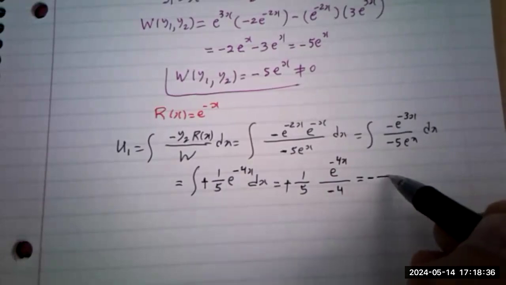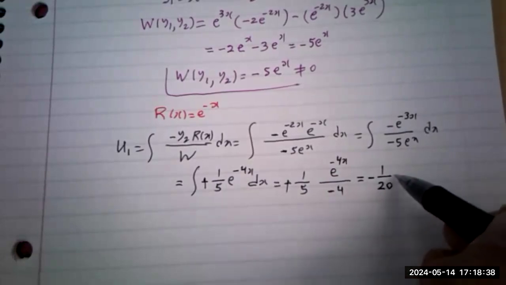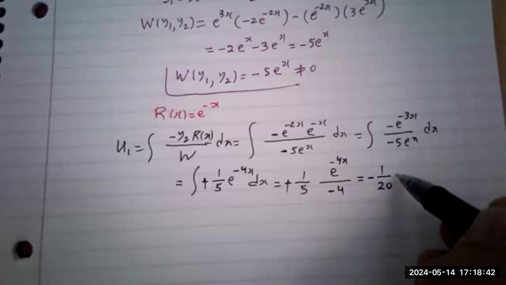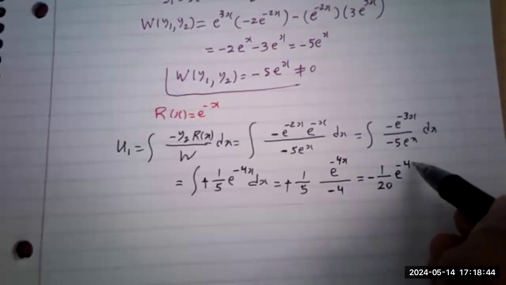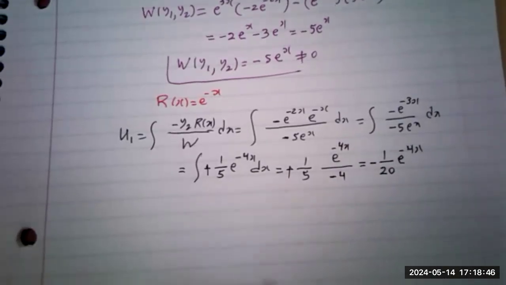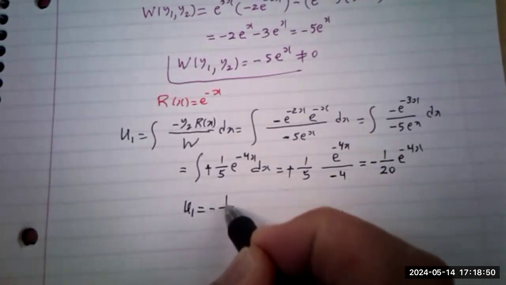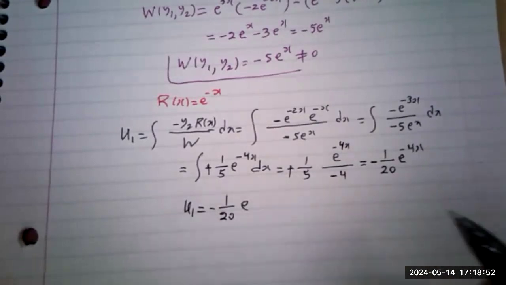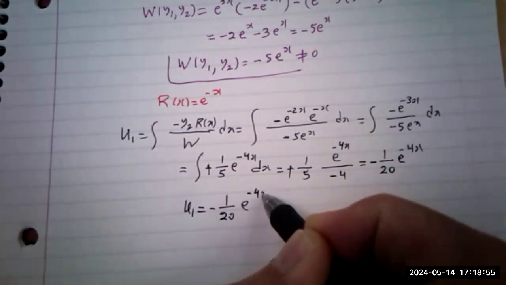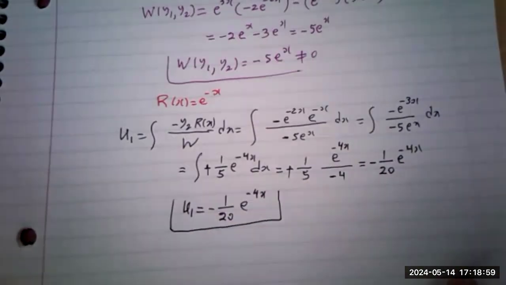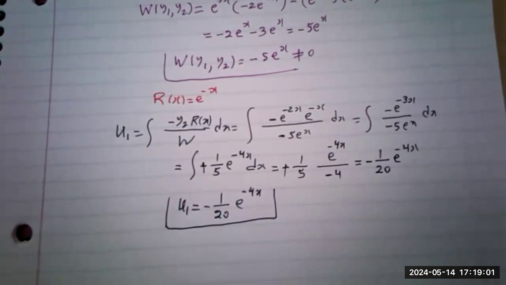So it's going to be negative 1/20 e to the negative 4x. We can bring it down or write it as is, doesn't matter. So u1 is negative 1/20 e to the negative 4x. Keep it because we want to multiply by y1, then maybe simplify. So that's u1. Any question?